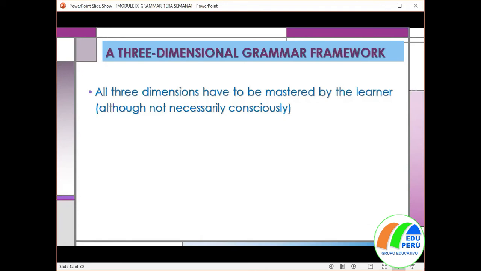Notice, this is what I was talking to you about. Sometimes when we say grammar, we need to give our students all of these aspects. But notice that they can master it through this instruction, not only consciously, they can acquire it, not just learn it, but they need to know about these three aspects. The form, the meaning, and the use.